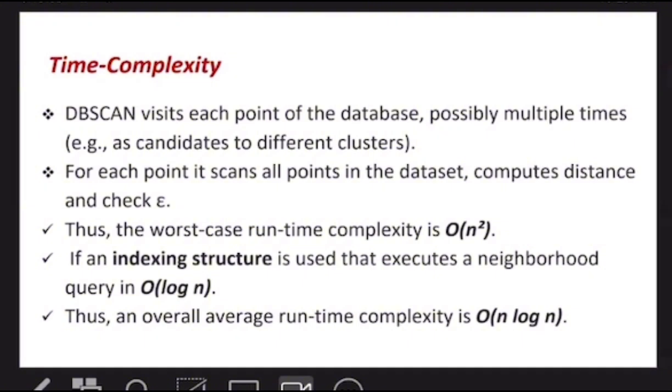You're going to have an n by n matrix, the dissimilarity matrix, so there will be n multiplied by n, depending on the number of your observations. If an index structure is used, there's going to be log n, then the overall average is n log n. I'm trying to prepare your mind about the running time, so that it doesn't look as if you're going to wait forever.